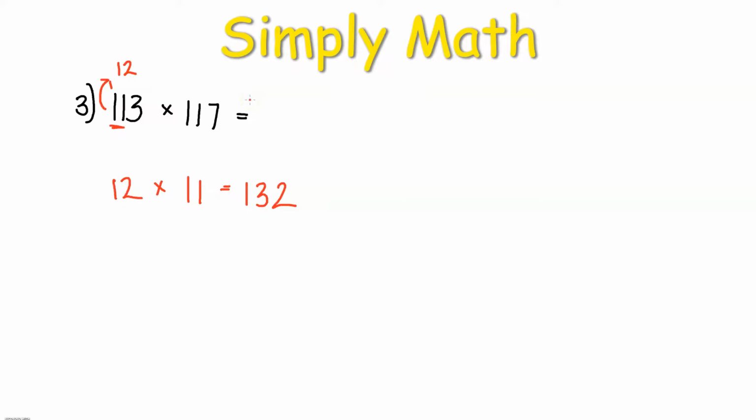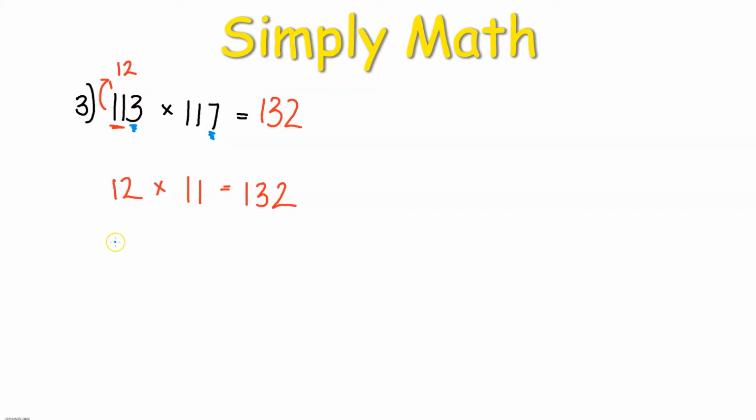The first part of our answer is 132. So I'm going to write that next to the equal sign, 132. And then, for our second step, I will take the third digit that's in the ones place, and 7, which is also in the ones place.